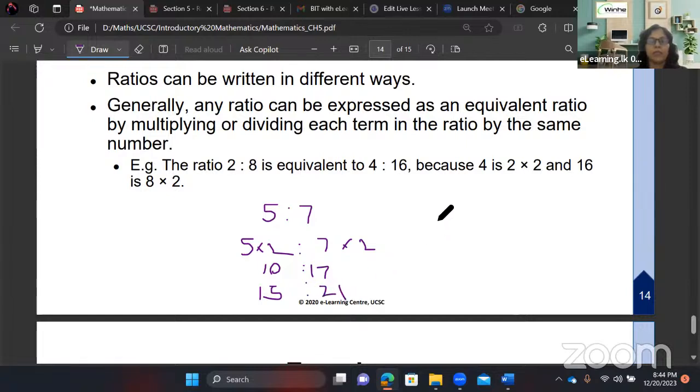If you multiply it by 5, you can find the equivalent ratio 25 to 35. මේ වගේ අපිට පුළුවන් equivalent ratios ලියන්න, right?